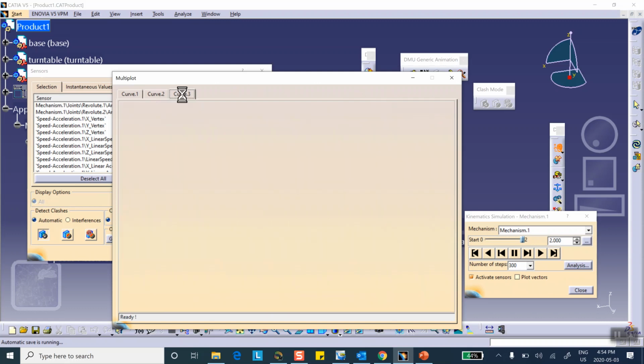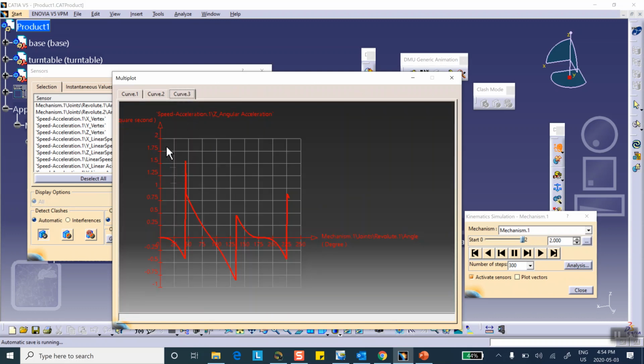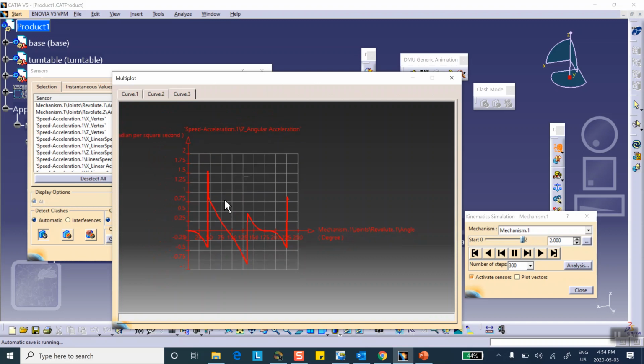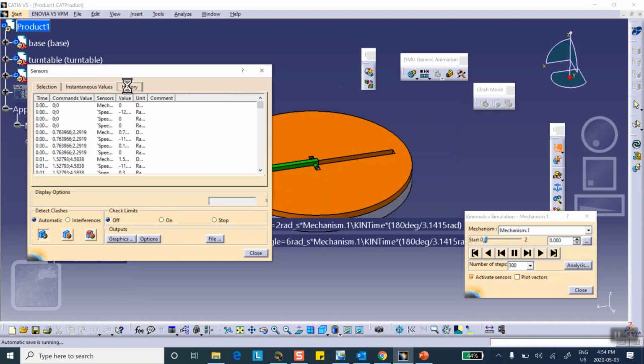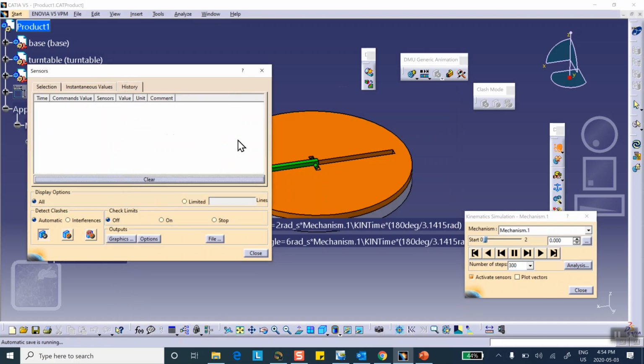And the last one looks weird, but these are all zero, except these are artifacts because of the choice of the step size. As a matter of fact, what I'm going to do is rewind, clear this, close that, clear the history, and choose, for example, 500 steps instead.